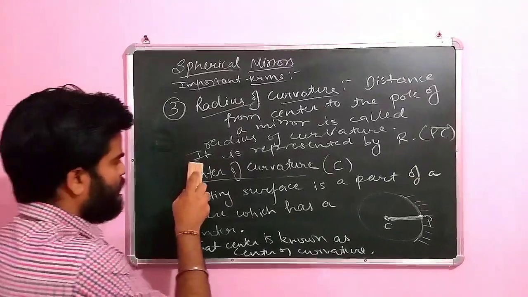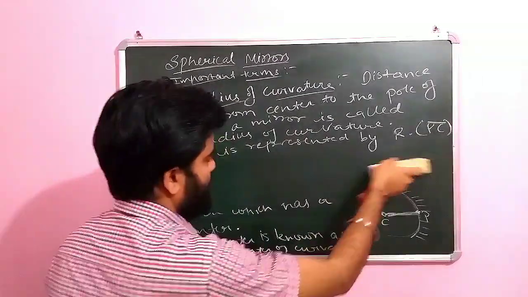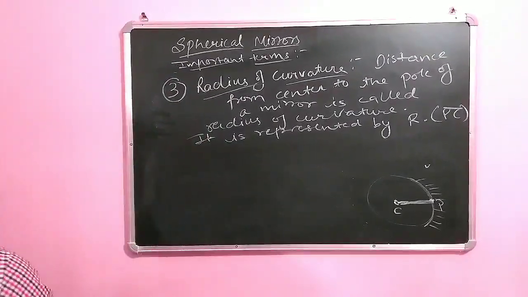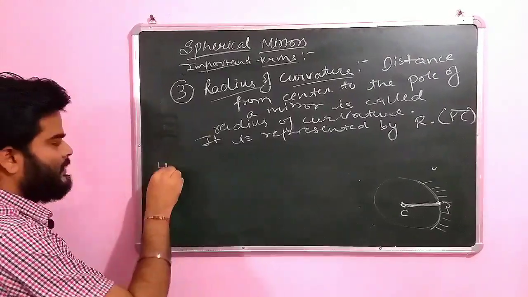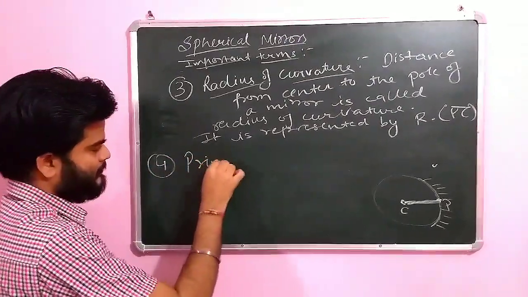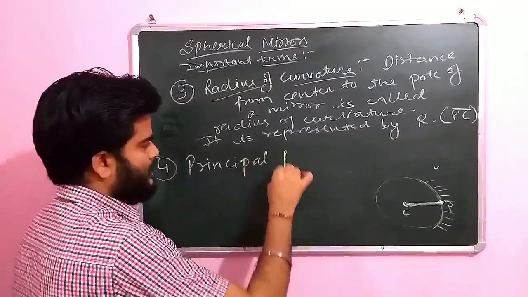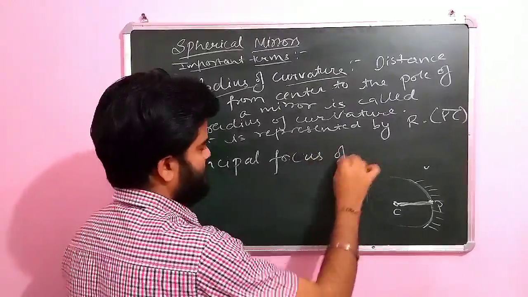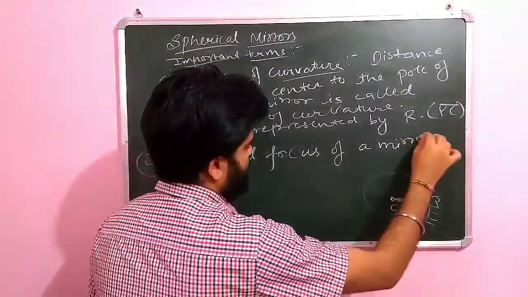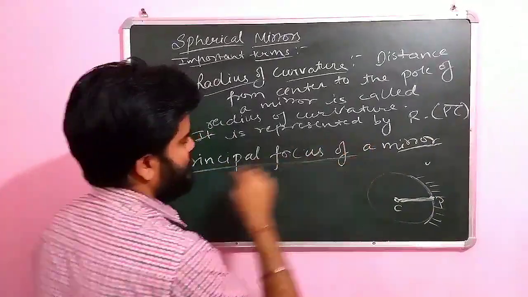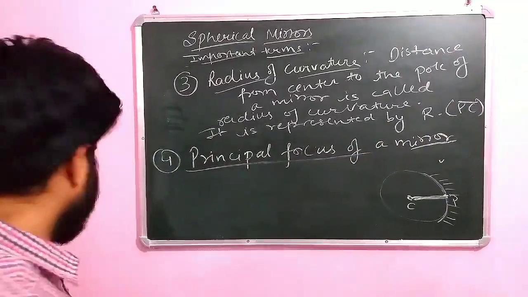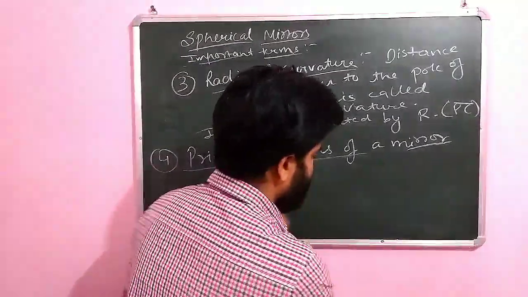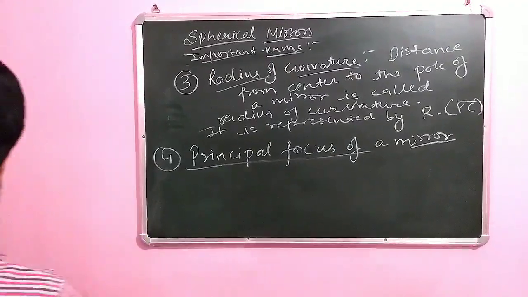After that, the fourth point we will do is principal focus. Principal focus of a mirror. For understanding principal focus, we should draw a diagram, a ray diagram, first for a concave mirror.